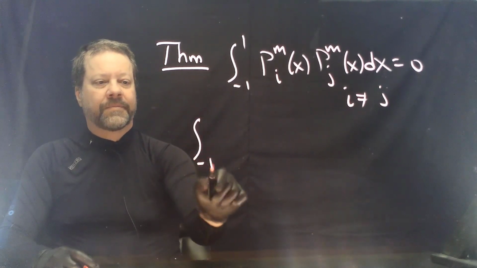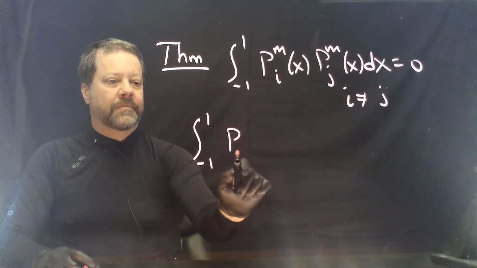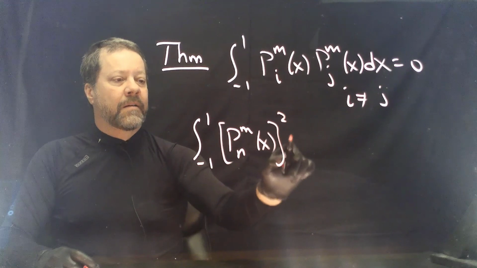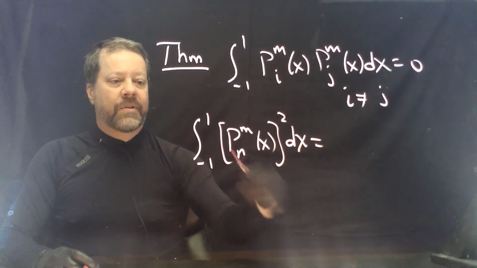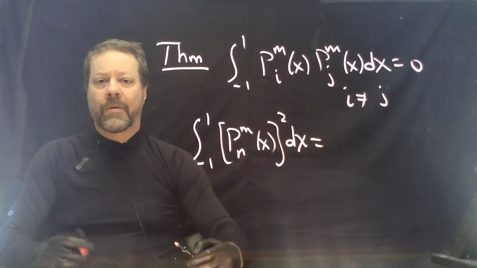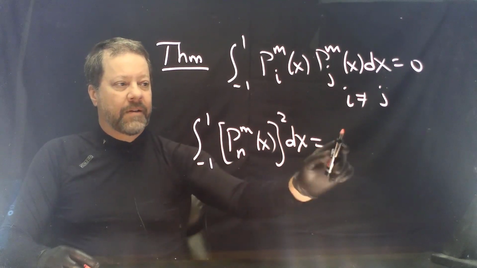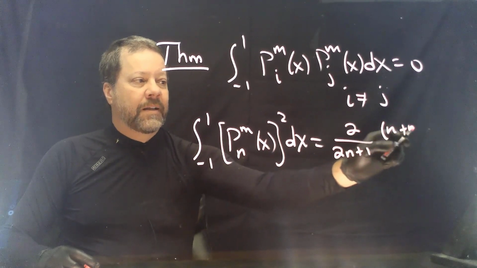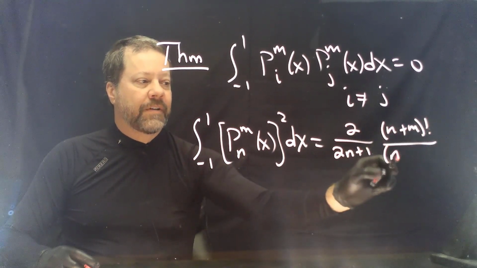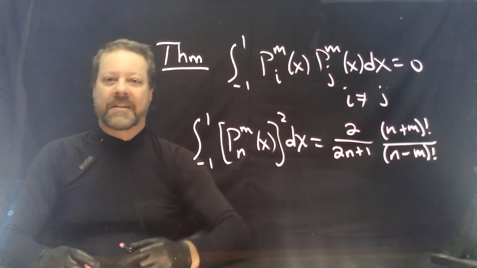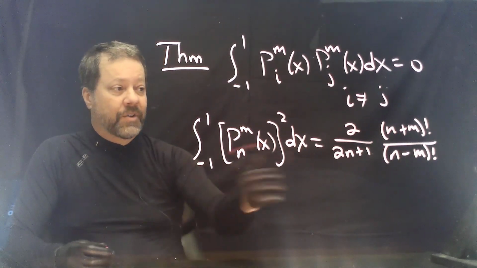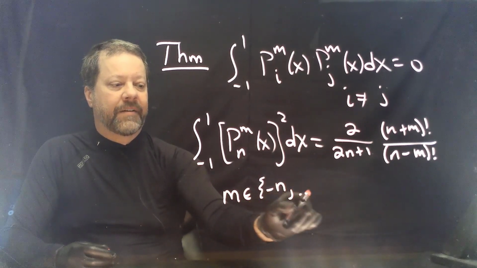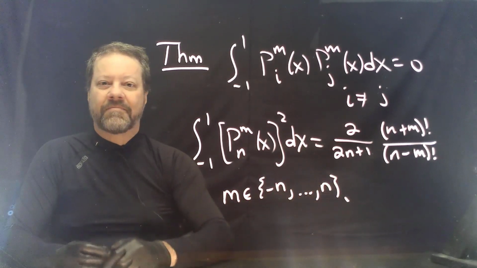And also, when you take the inner product of Pnm with itself, you end up with 2 over (2n plus 1) times (n plus m) factorial over (n minus m) factorial. We are assuming here, of course, that m takes values from -n to n.